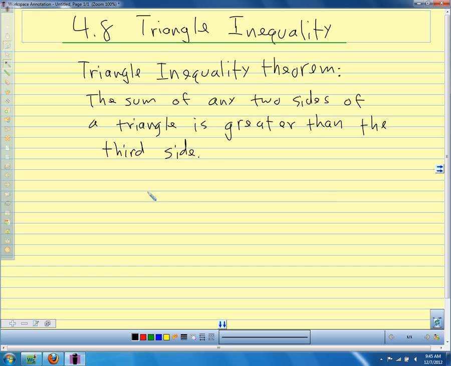And in everyday language it says if we add two sides, they have to add up to bigger than the third side.